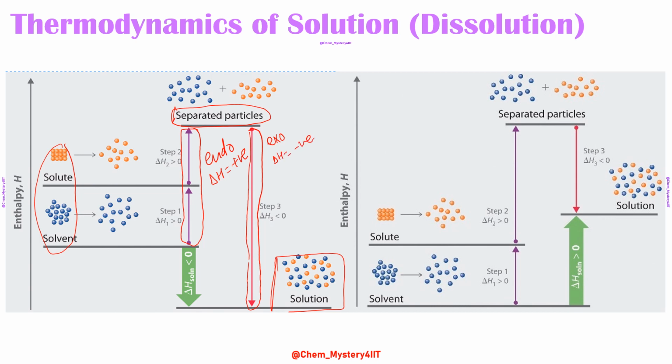So it turns out that if the endothermic and exothermic changes are such that the magnitude of exothermic is greater than the magnitude of endothermic, then this is going to be a favorable change. And if it is not, this is going to be an unfavorable change.